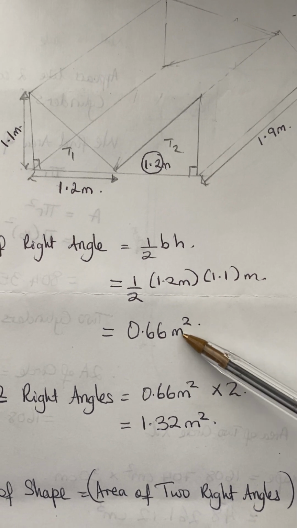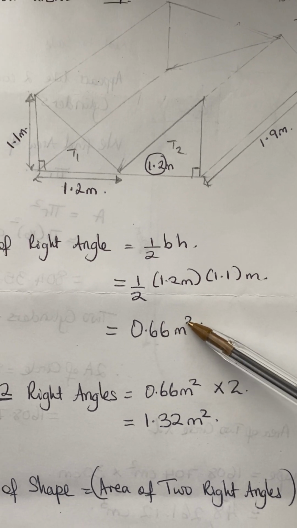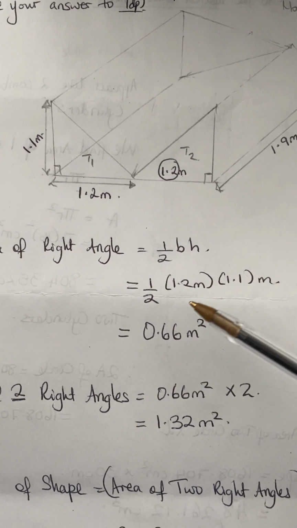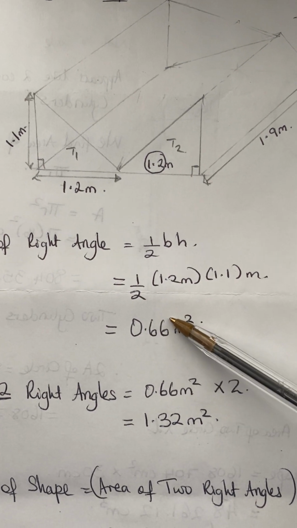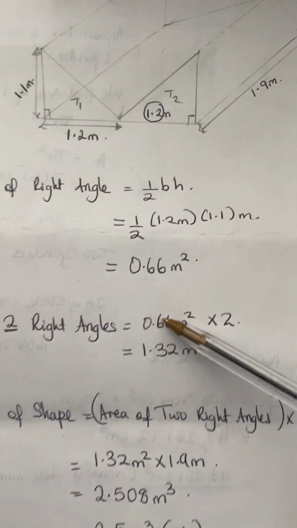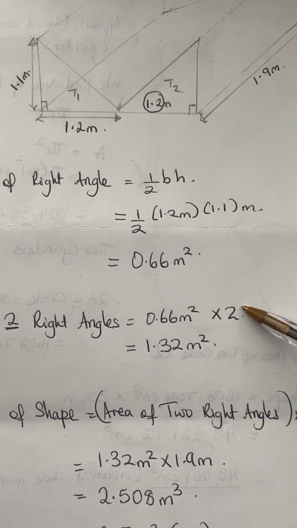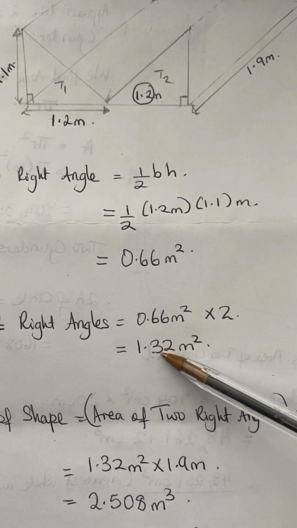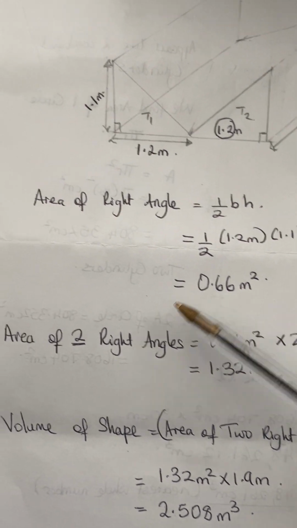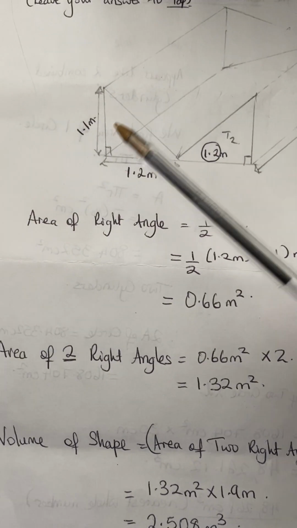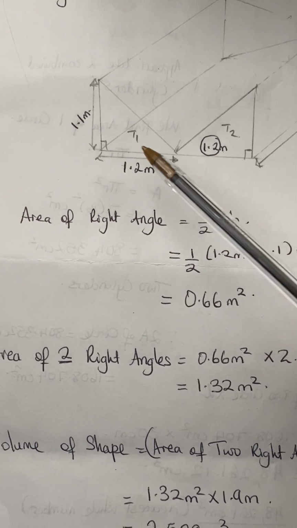They said we should leave our answer to 1 decimal place, but I haven't finished, so I'm going to keep this one for the time being. Now, if I multiply by 2, I have 1.32 meter squared. That will be the area of the 2 of this.